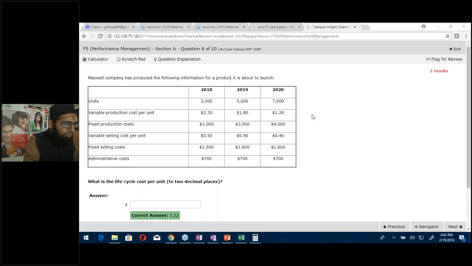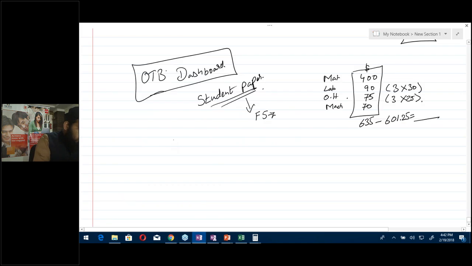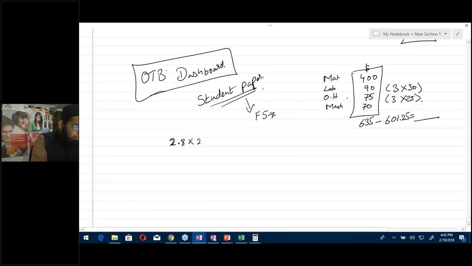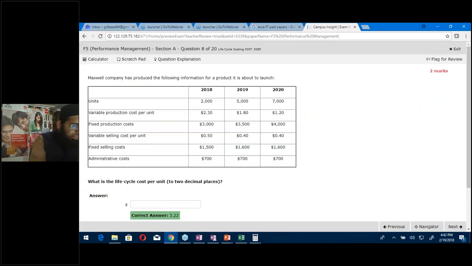Variable cost in 2018 is 2.3 plus 0.5, it is 2.8. And we have 2,000 units, so it will be 5,600.